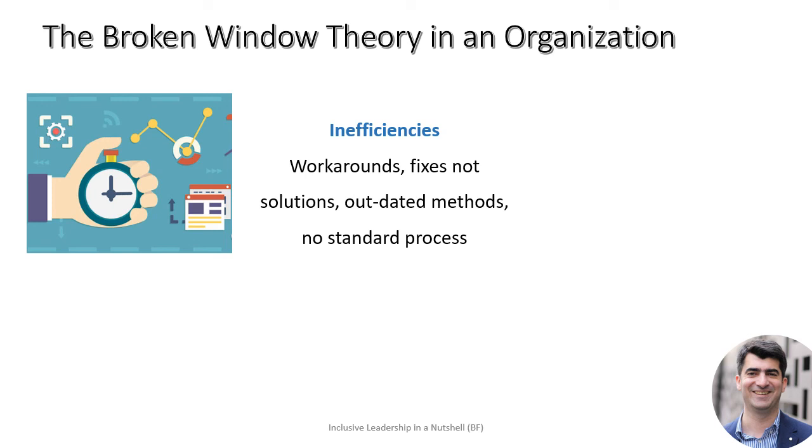It may seem not a big deal, but things like inefficiencies, for example, or workarounds and no standard processes can just create complete slowdowns or basically can block the path for people and stop them from moving forward.